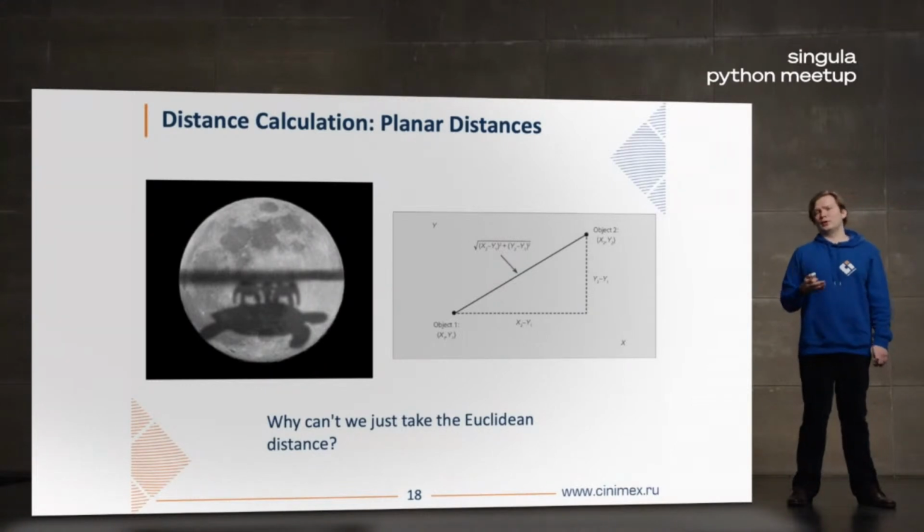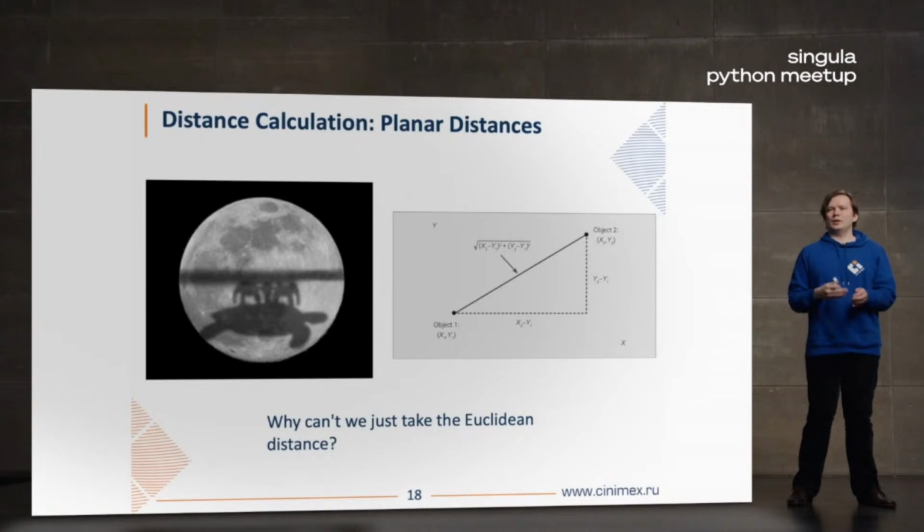We also can use different types of distances. There are three types of distance. The most popular and the most common is planar distance. It is pretty simple. It's just a linear distance, for example.